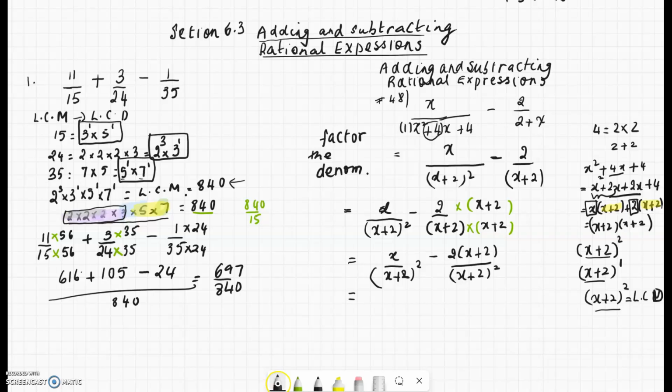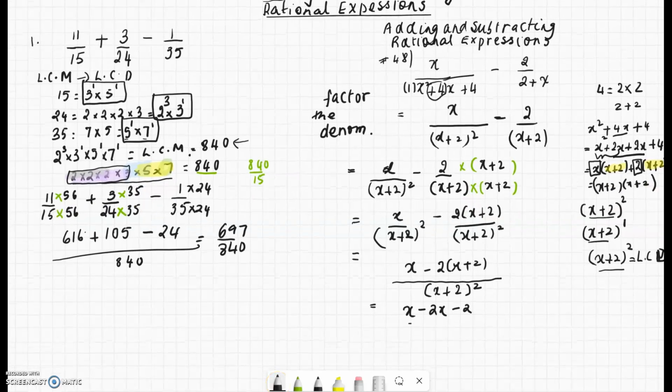And this is equal to x minus 2 times x plus 2, over x plus 2 the whole squared. And this is equal to x minus 2x minus 4 over x plus 2 the whole squared.